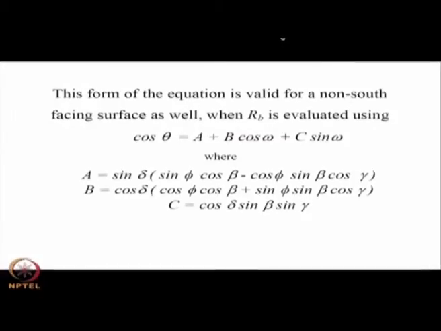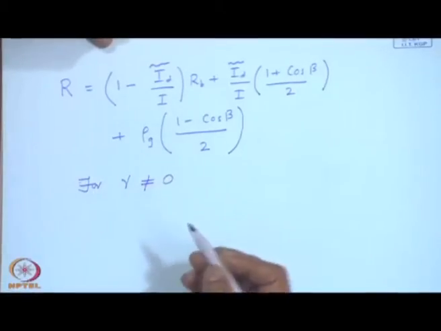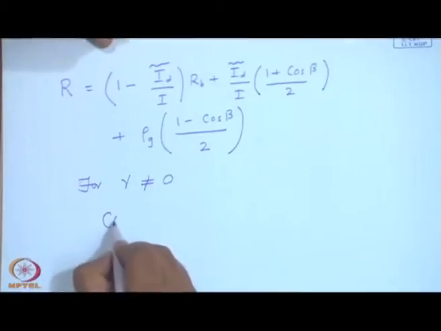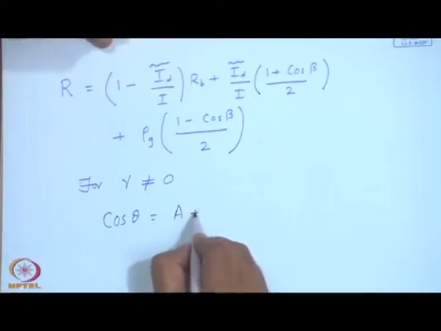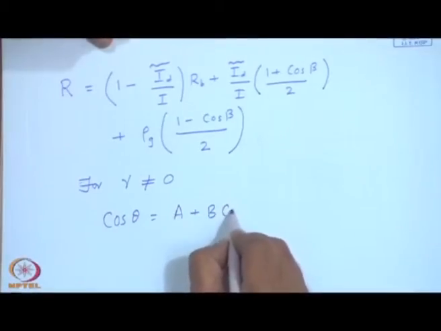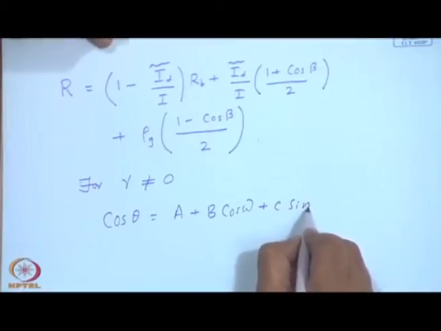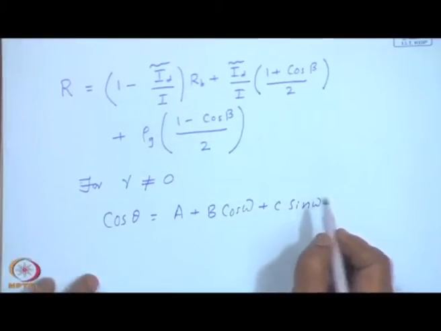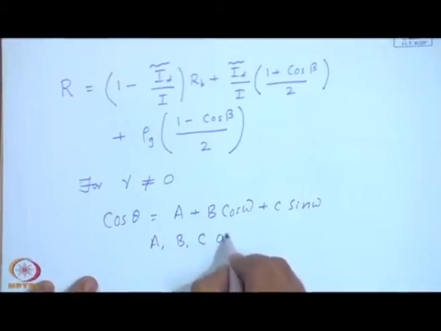So, you can easily write, we have this general expression a plus b cos omega plus c sin omega, where a, b, c are defined.